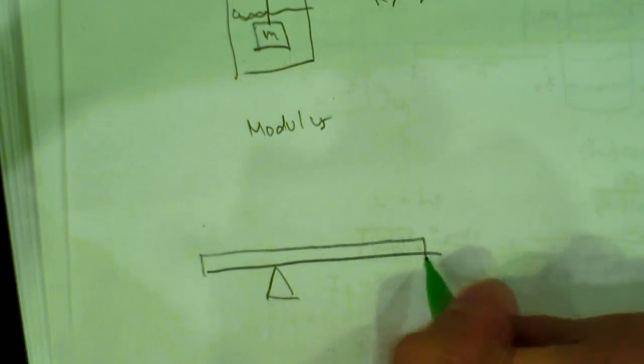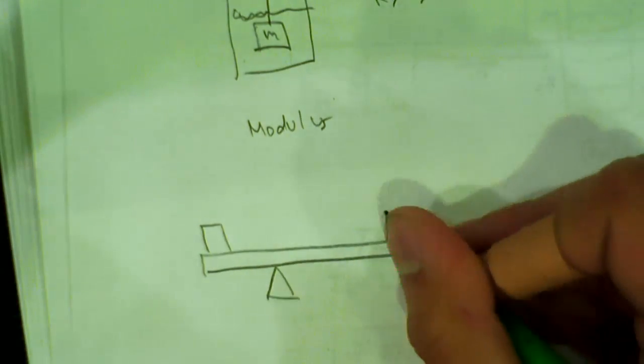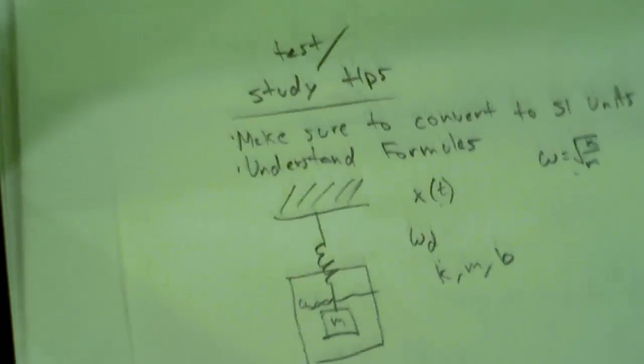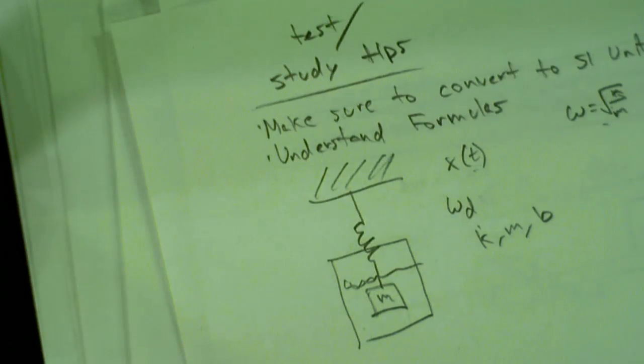for static equilibrium, so like let's say you had a beam, you had a mass, you have different masses, right? The way static equilibrium works, it's almost exactly the same as the analysis for the problem that we did.